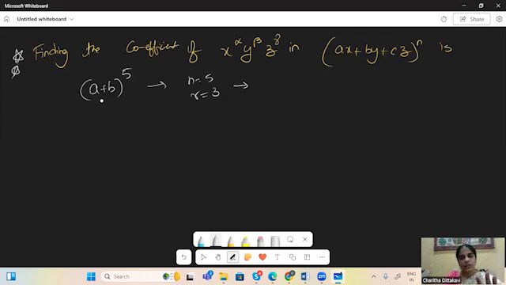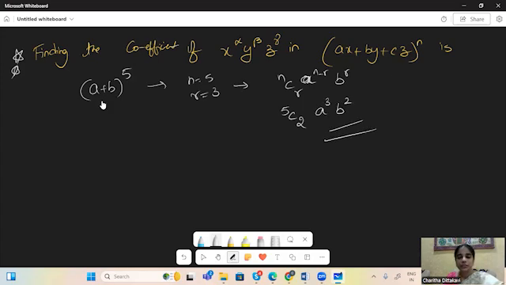Right. So when r equal to 3, what is it? nCr, my general term I'm talking about. So nCr a to the power n minus r, b to the power r, right? So what is it now? 5C2 a to the power 5 minus 2, that is 3, and b to the power 2.